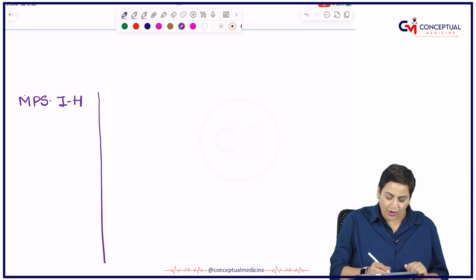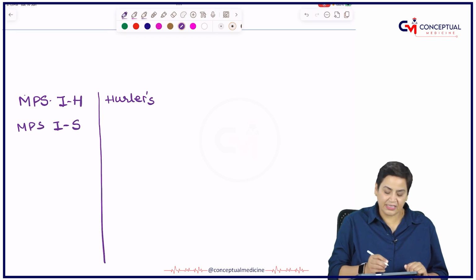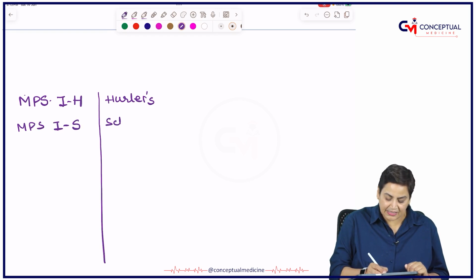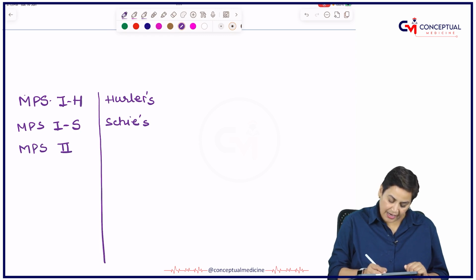This stands for Hurler's syndrome. Then MPS 1S stands for Scheie disease. Then MPS 2 stands for Hunter's.